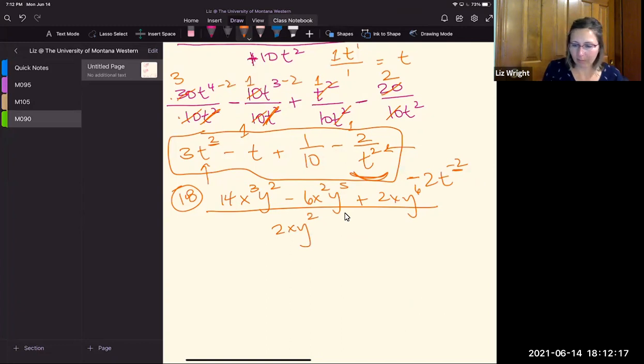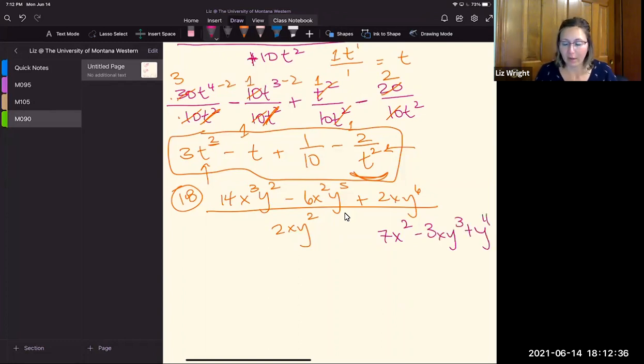So again, you should pause this video and see how you do on this one. Your first step should be to split it all up. When you get done with it, you should be getting 7x squared minus 3xy cubed plus y to the fourth for your answer.